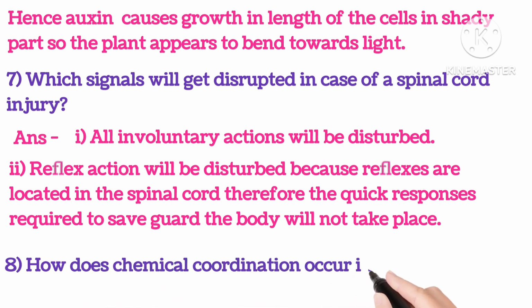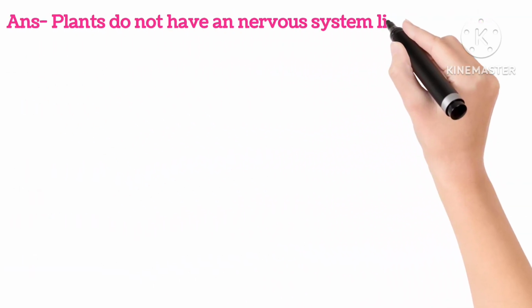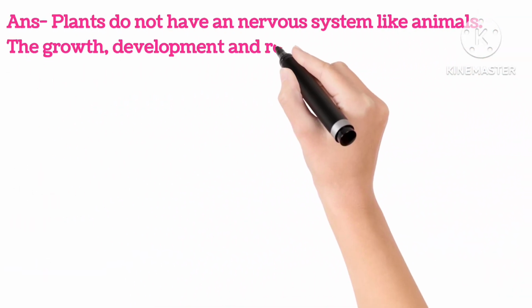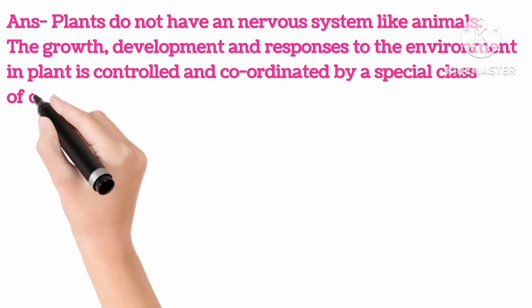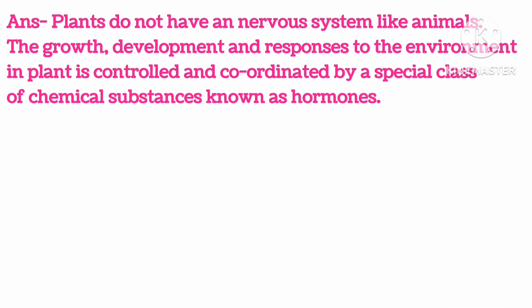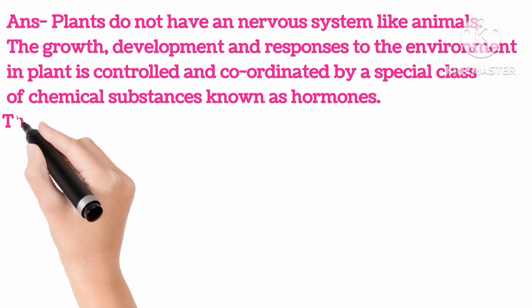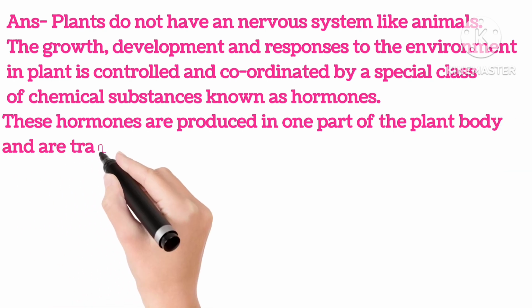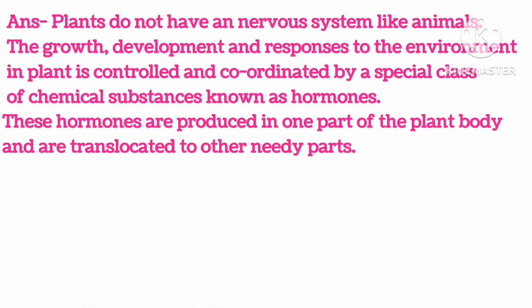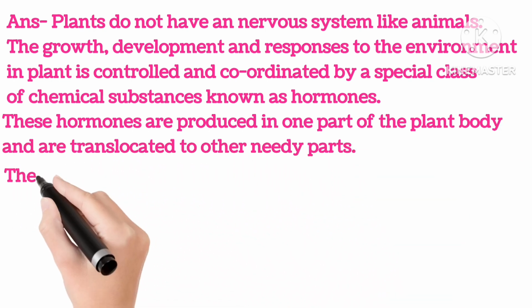Eighth, how does chemical coordination occur in plants? Plants do not have a nervous system like animals. The growth, development and responses to the environment in plants are controlled and coordinated by a special class of chemical substances known as hormones. These hormones are produced in one part of the plant body and are translocated to other needy parts.